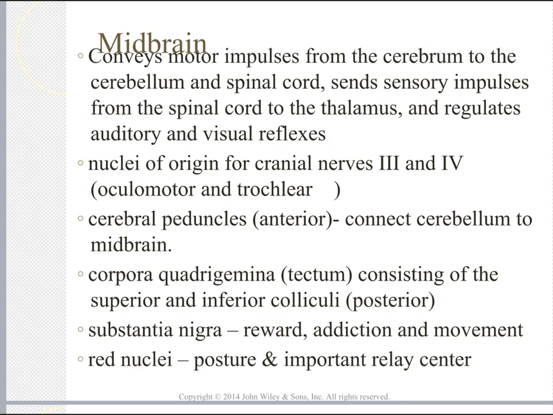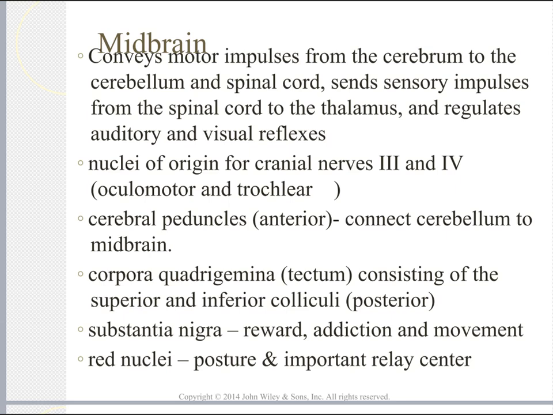We have again our nuclei of cranial nerves, so the origin for cranial nerves 3, 4, oculomotor and trochlear nerve. We have our cerebral peduncles, the anterior ones that connect the cerebellum to the midbrain, again, anchors. Our corpora quadrigemina, superior and inferior colliculi, consisting of those pairs of twins that are going to help give us those visual and auditory reflexes.